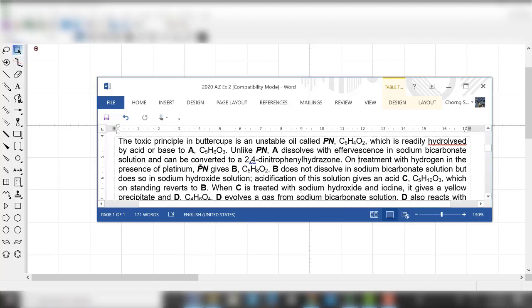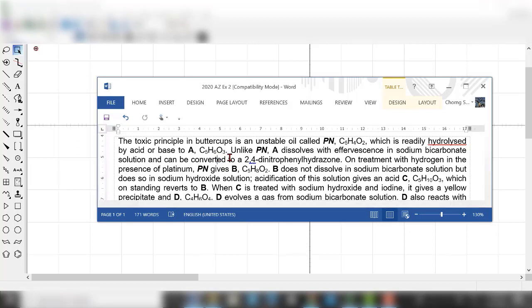And it was mentioned that you get A with the molecular formula C5H6O3. So the degree of unsaturation actually reduces from 4 to 3. And if you take the difference between these two formulas, you realize that a H2O is being added. So it's indeed some form of hydrolysis.